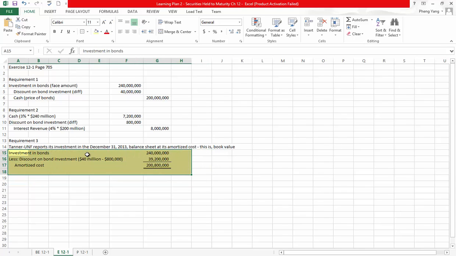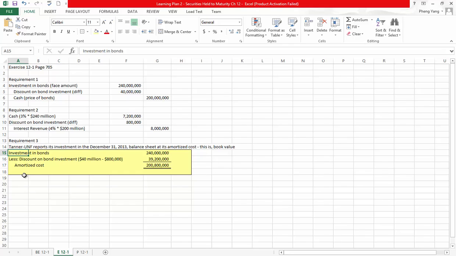It's reported at the amortized cost because the investor has the intent of holding these bonds until it matures. If it doesn't have the intent of holding the bonds until it matures, then we'll have to update the value of these bonds to the fair market value, and it'll change every period when we prepare our financial statements.